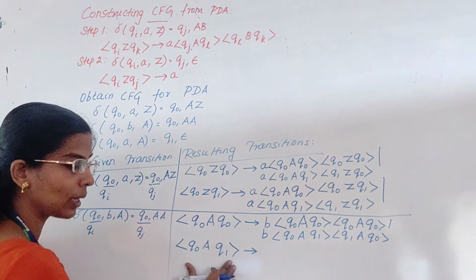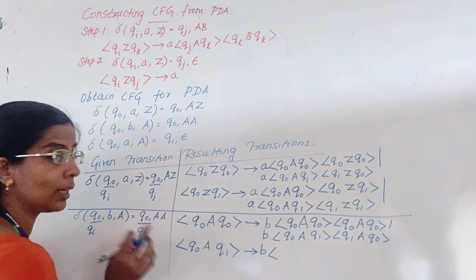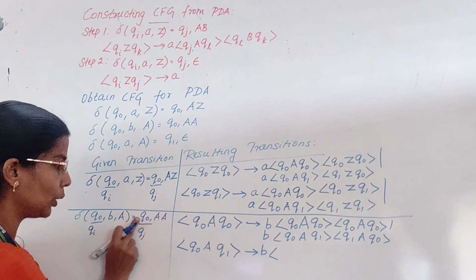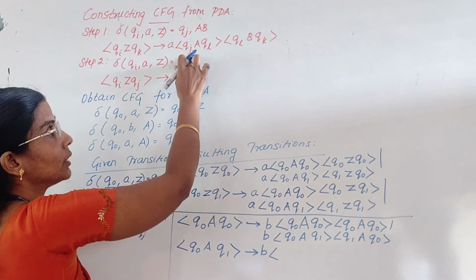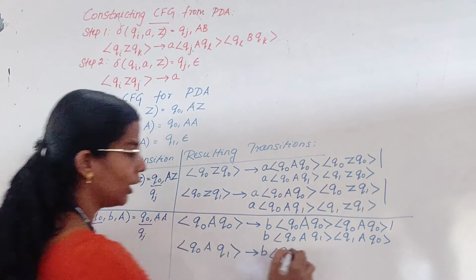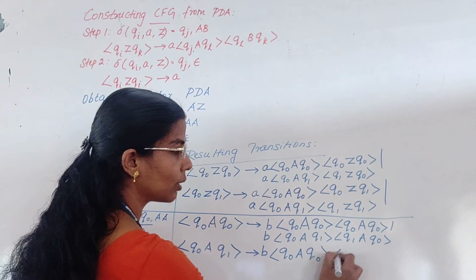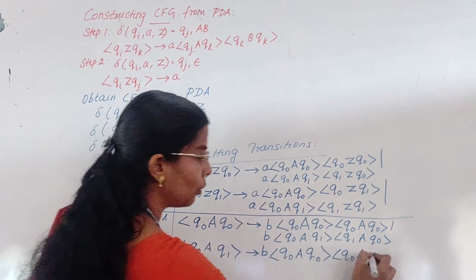Correct? Next, coming to this, how to write the input symbol is B. I have to start with Qj. What is my Qj? Q naught. Why am I starting with it? See this formula. Start with Qj, Q naught, then A. QL first value is Q naught, Q naught A. And what is my K value now?